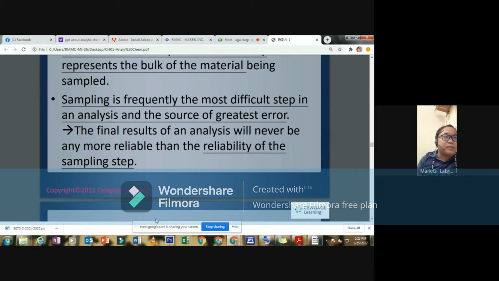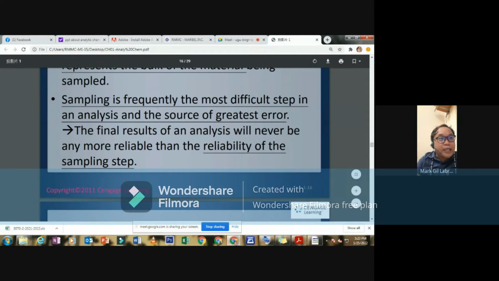Kasi it should be accurate. So it should have a perfect step, may computation in getting the sample. Kasi doon tayo pwedeng magkamali. No? It is the most difficult step. So the final result of the analysis will never be any more reliable than the reliability of the sampling step.